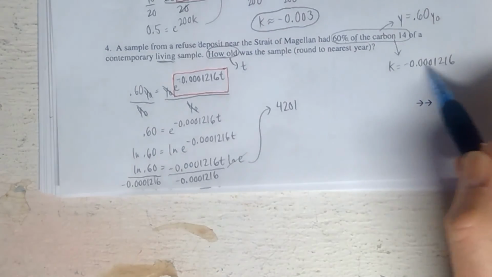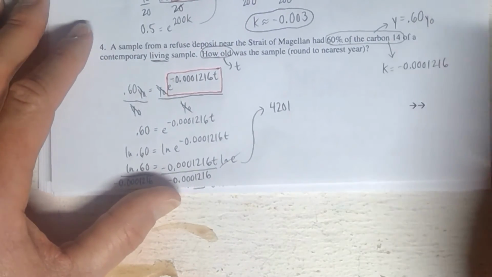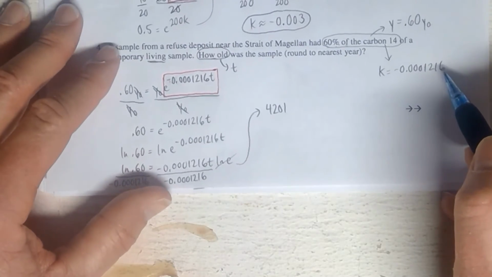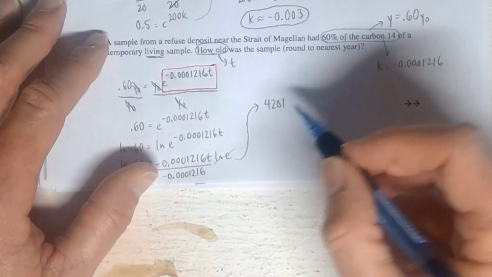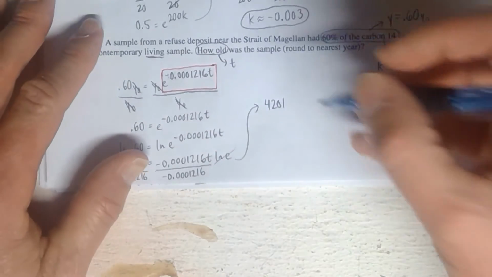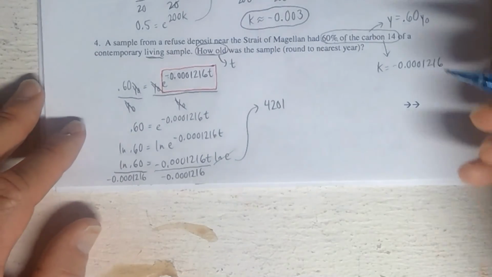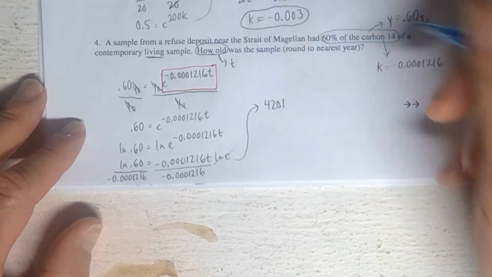And when they use this K number, by the way, the t is measured in years. That's the only way that it would work. And so since you get 4,201 rounded off in your calculator, rounded to the nearest whole number, that is.